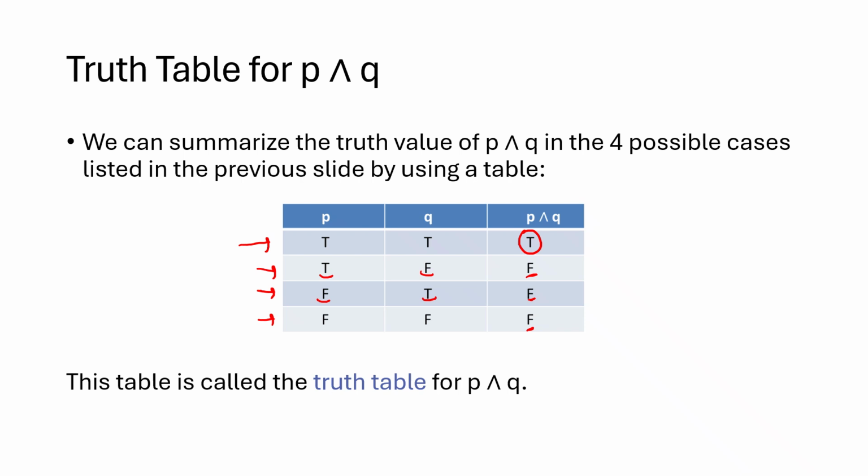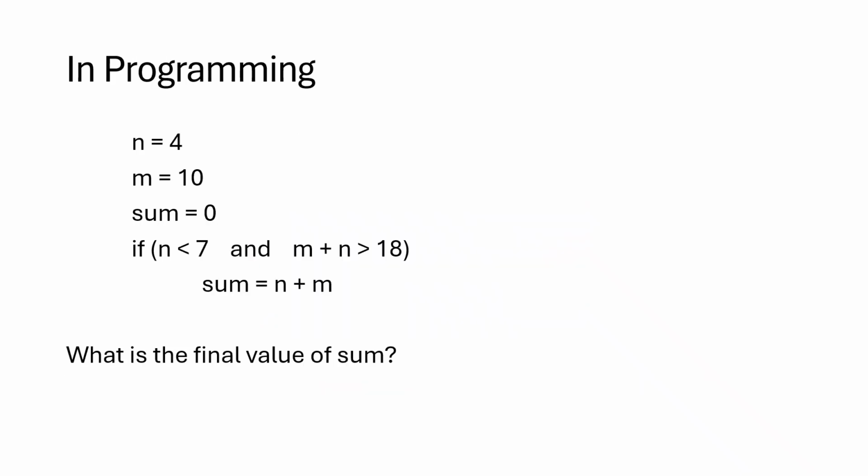Now, as we introduce more connectives, for each one of them we are going to have a truth table, and obviously the way that the truth table works depends on which connective we are investigating. As an example in programming, if we look at this pseudocode, we have 2 variables n and m. N is initialized to 4 and m is initialized to 10. And then we have the third variable sum, which is initialized to 0.